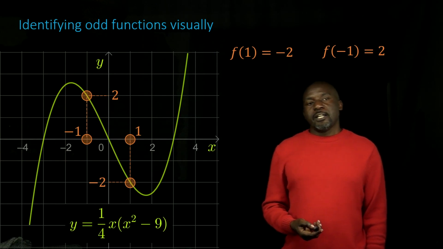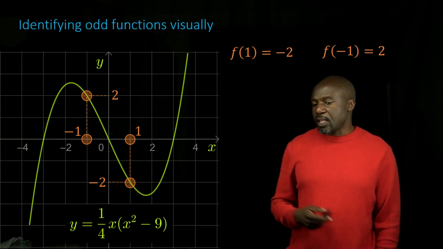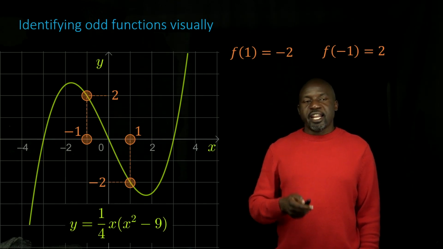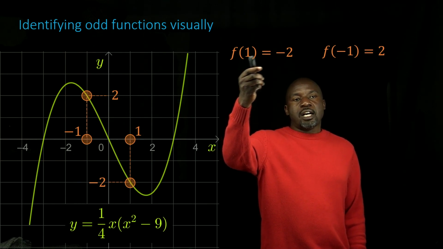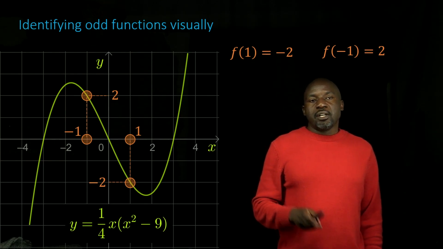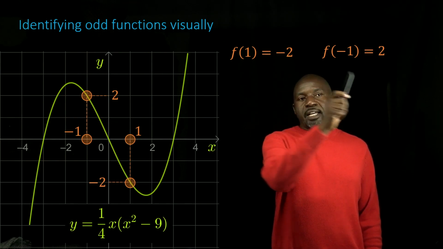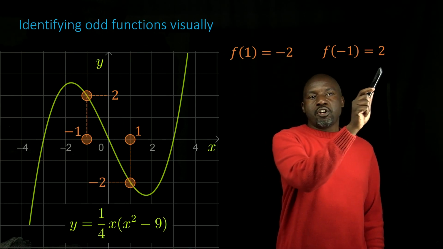We can see clearly that f of 1 is not equal to f of negative 1. They're not equal anymore. However, one is the negative of the other. So if I take the negative of f of 1, I get f of negative 1. The negative of negative 2 is going to be 2.